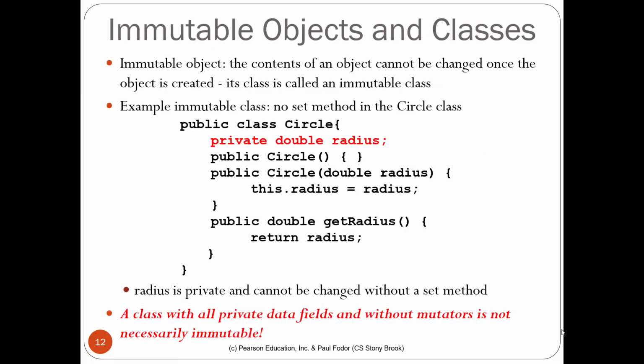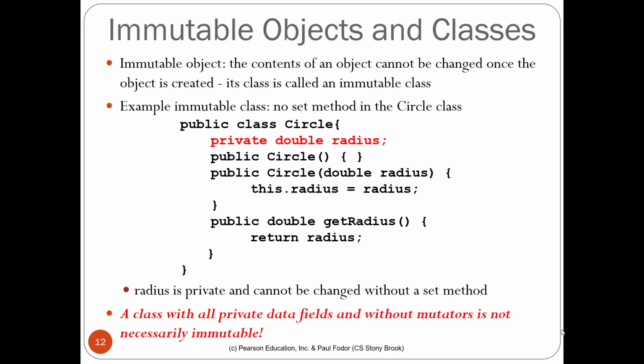Let's move on. Now this is an interesting concept that we are about to learn. This has to do with the object's type. So certain classes of objects would be called immutable if we cannot change the objects that we create using those classes.